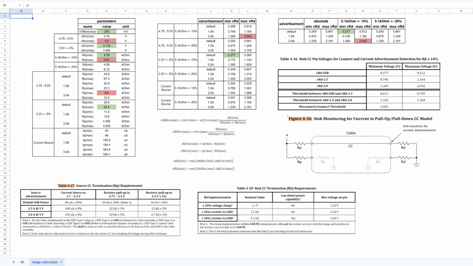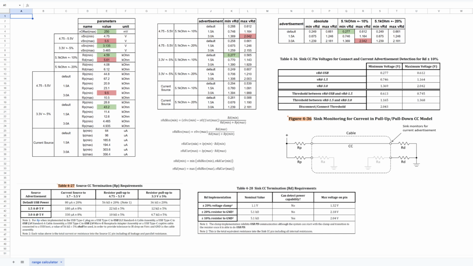VRD USB has a minimum of 277 millivolts and a maximum of 612 millivolts. This means that if a source is connected to a sink with an RD plus or minus 10% implementation and the voltage across the RD resistor falls within this range, then the sink knows that the source is advertising the default current.